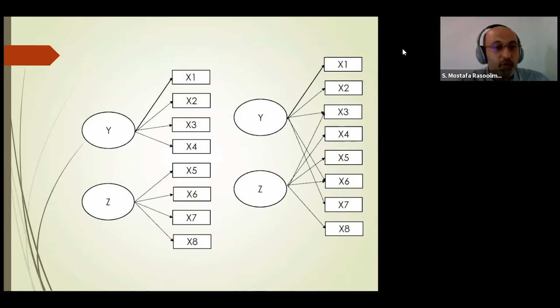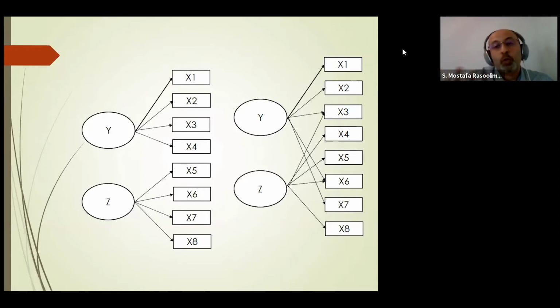For example, if you have a pool of items, a pool of questions, right? Here, for example, you have 8 items, and you don't have any literature to support association or connection between each item and the construct.